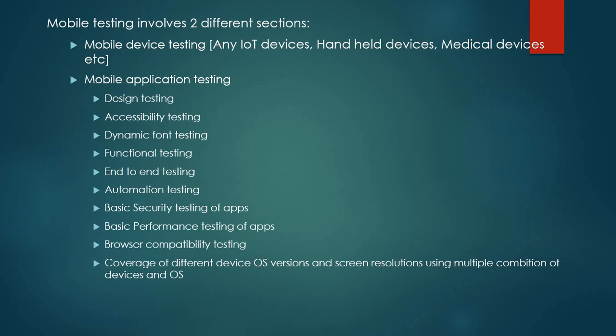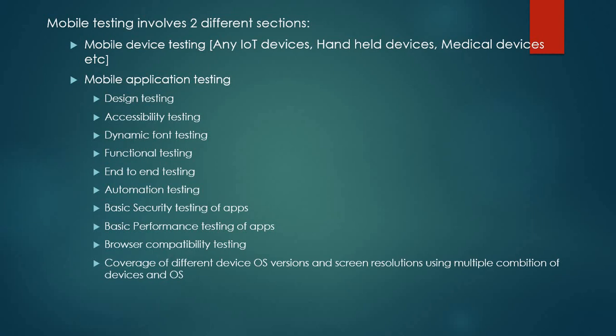For example, if you have an infotainment system in your car which has a mobile app, you can even control your car from your mobile app. That kind of testing has a device involvement and also an application involvement. Your application should be stable on the mobile device, and even the commands from the application should reach the actual device. That is the integration which we verify from mobile device to mobile applications.